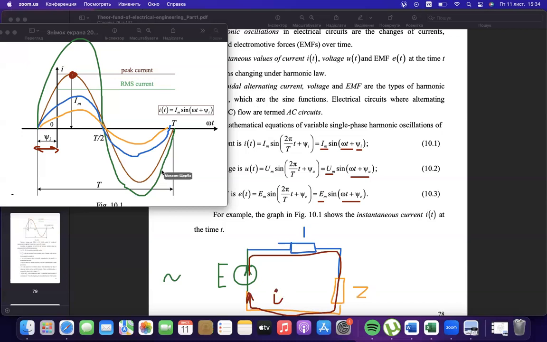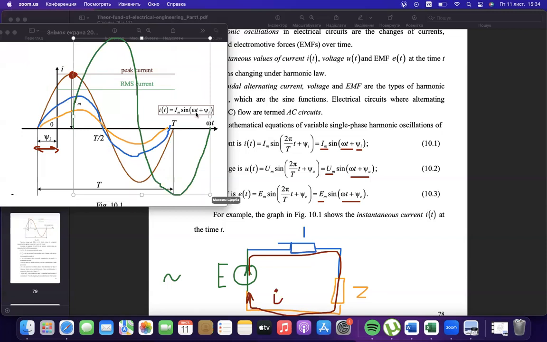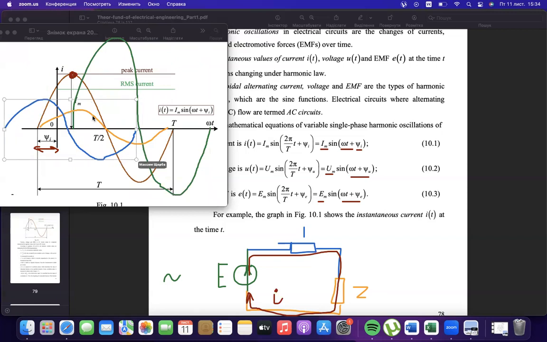Then, in general form, all our functions, first of all, will be sinusoidal. The second, they will be shifted by some angles between each other. And it will be quite hard to calculate this system.